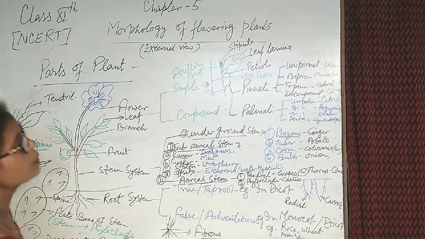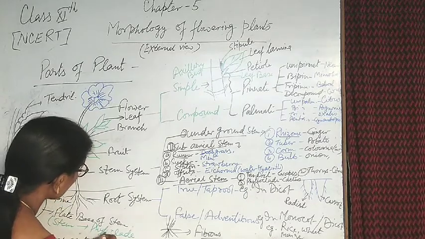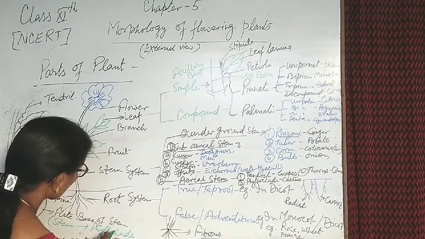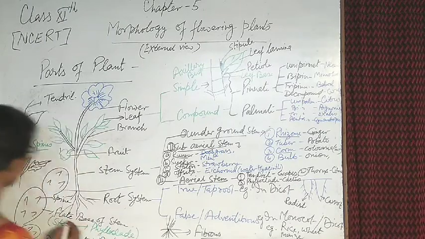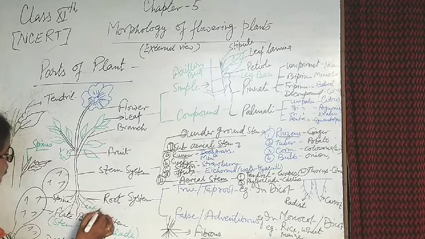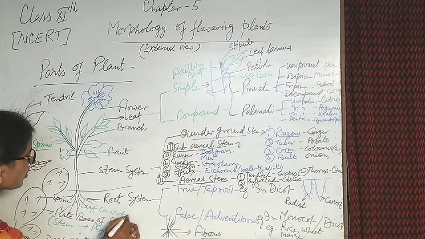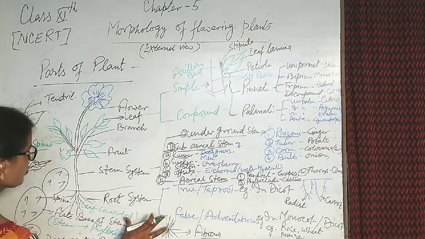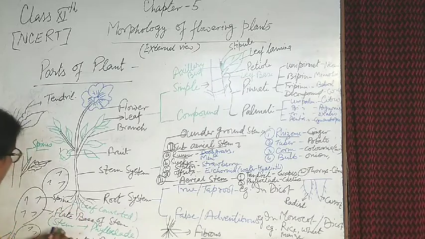This is a most important term for short notes. Phylloclade, and leaf converted into spines.